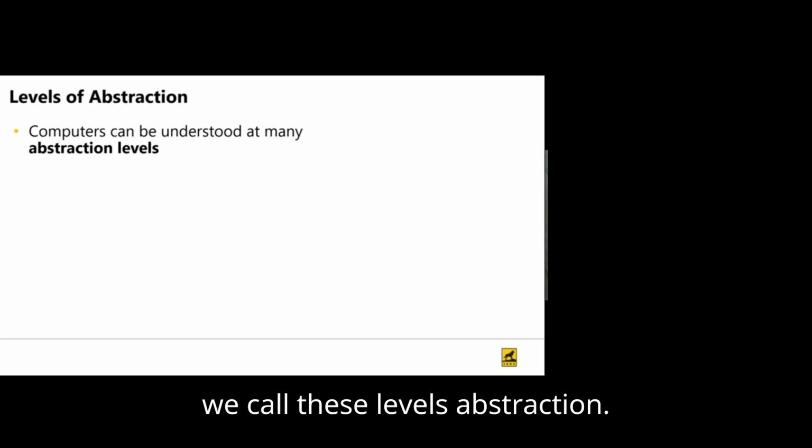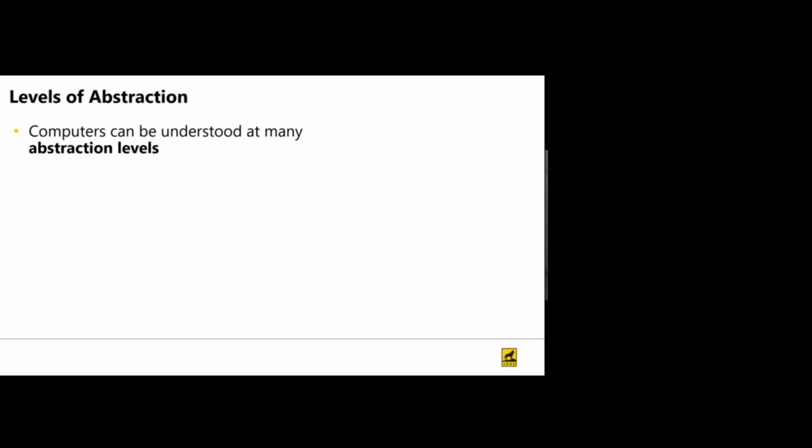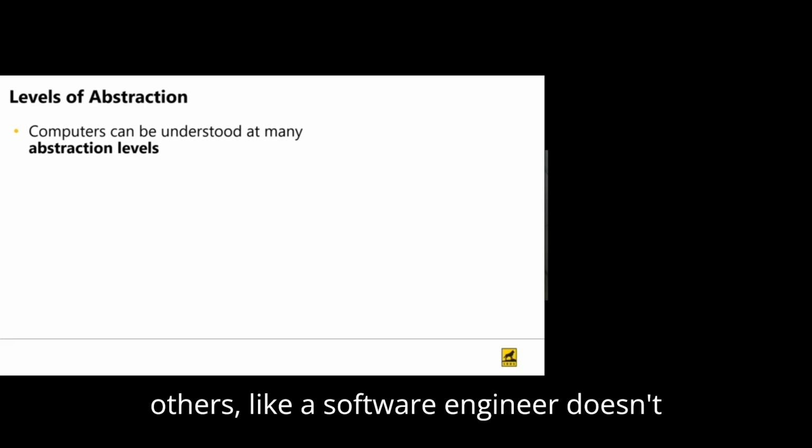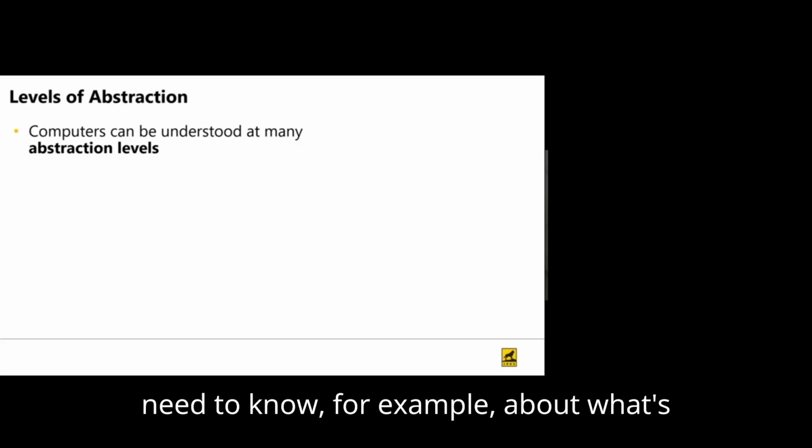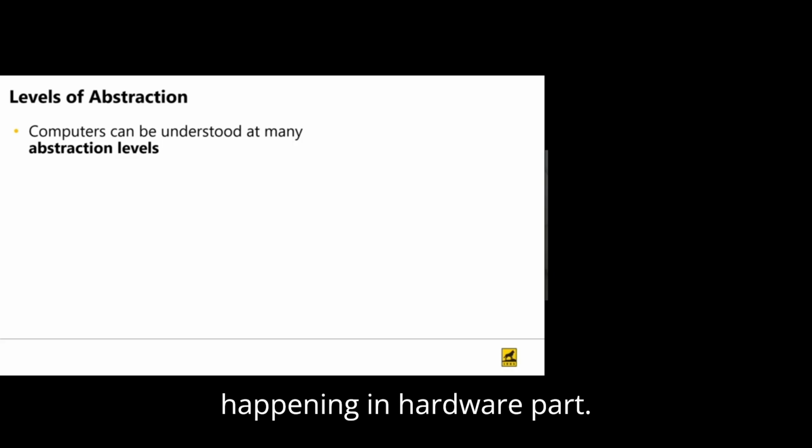We call these levels abstraction. We want to hide them from others. Like a software engineer doesn't need to know what's happening in the hardware part.